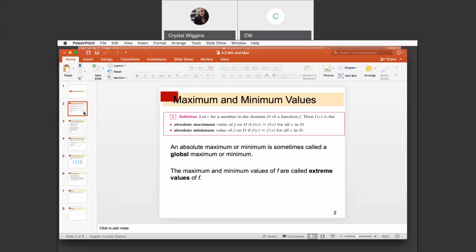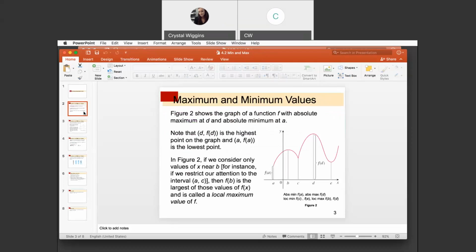Then the y value, f of c, is the absolute maximum if there are no other values higher, and f of c can be an absolute minimum as long as there are no other y values that are lower or smaller. An absolute maximum or minimum is sometimes called a global max and min, and the max and min values of f are called extreme values.